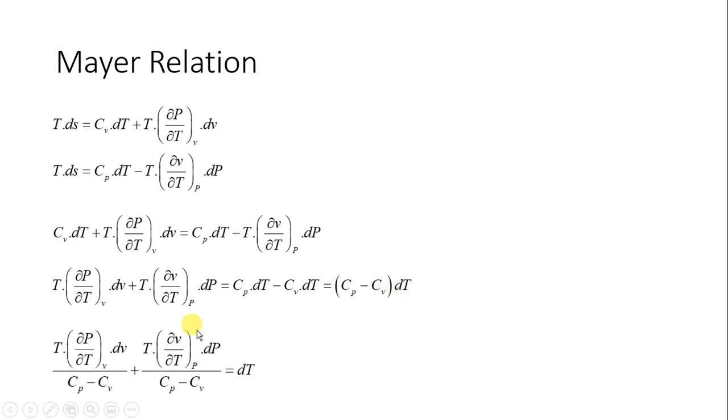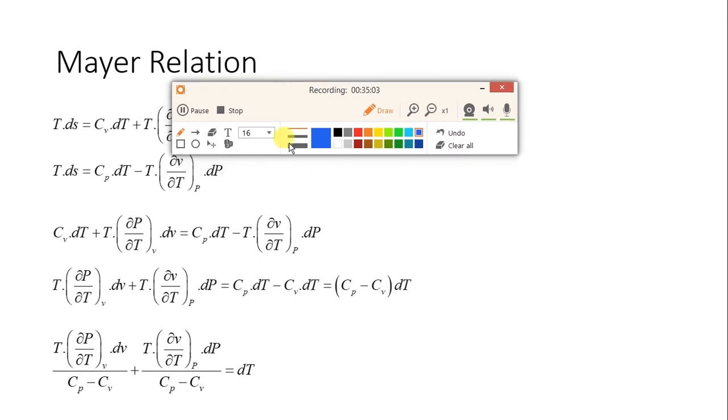Now what can we write? Observe this. This dT will be on the right side, and we can divide this term by Cp minus Cv. So you can see over here, T dou P by dou T when volume is held constant, dV, upon Cp minus Cv, which is taken on the denominator side.